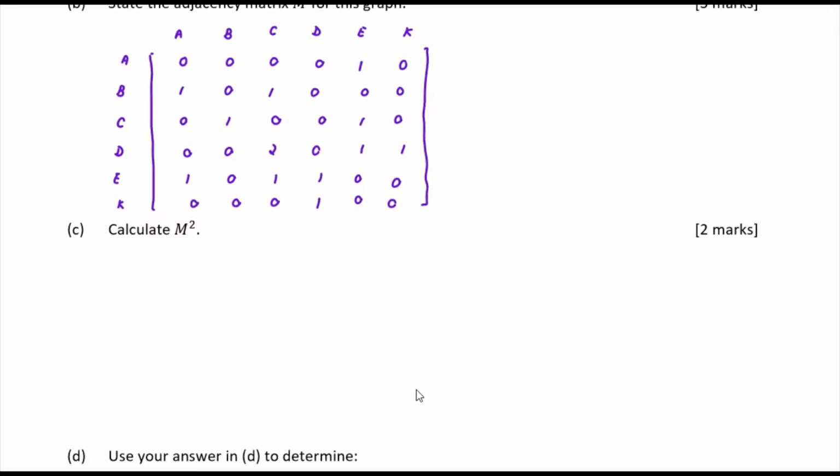Then after that, for C, calculate M squared. You should be able to do this by using your calculator already, so I'm not going to repeat that. It's basically your calculation, so I'm just going to fast forward this and write down my answer.